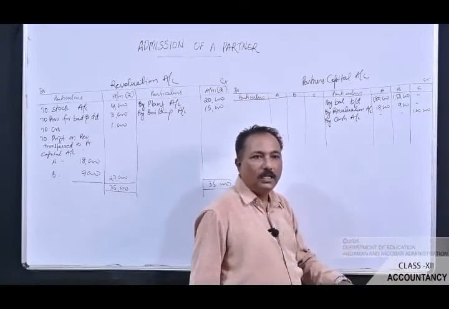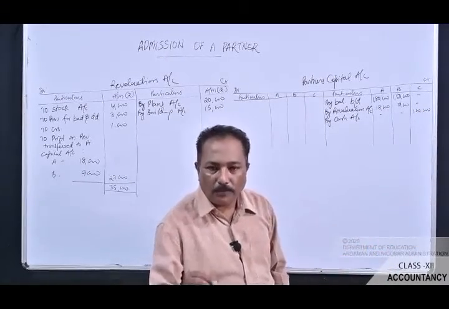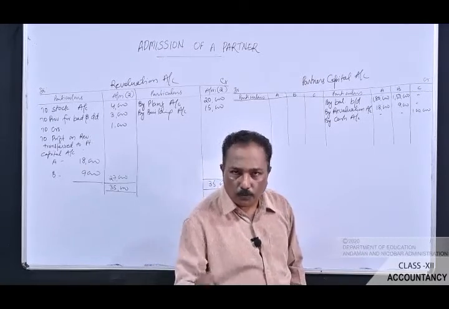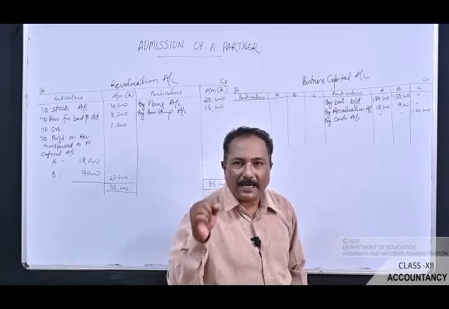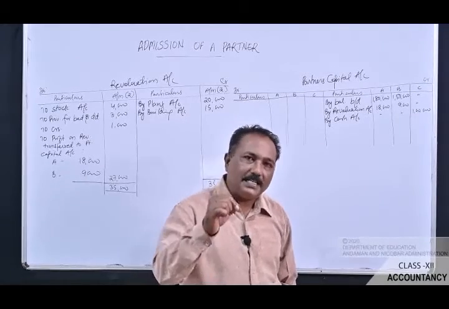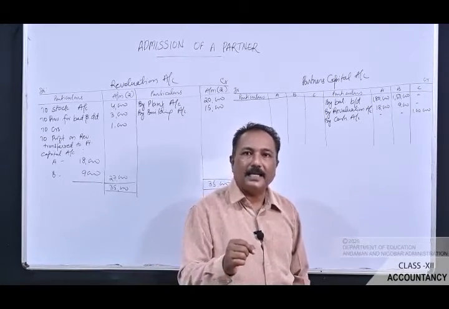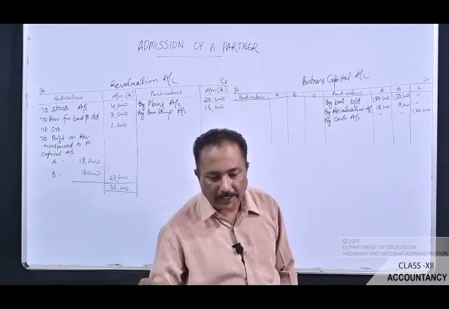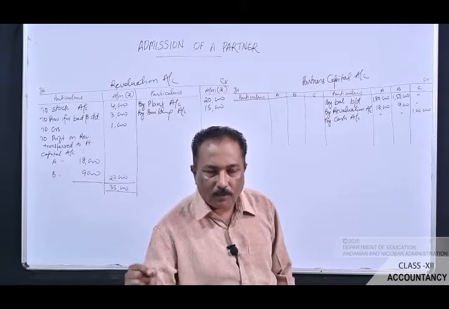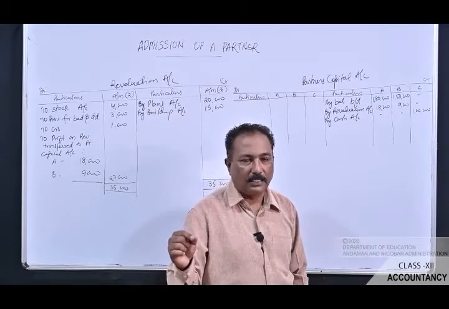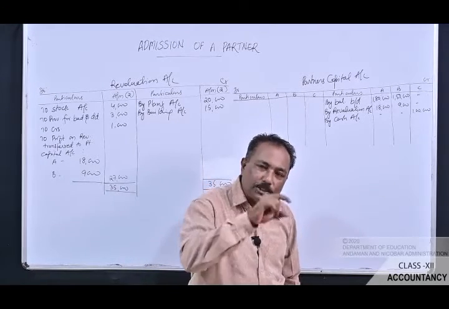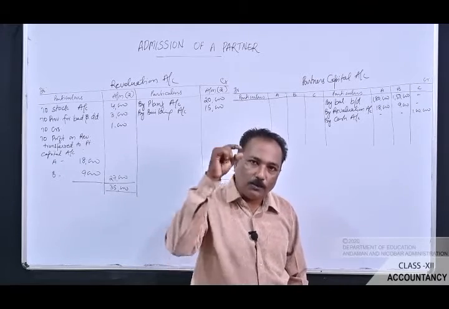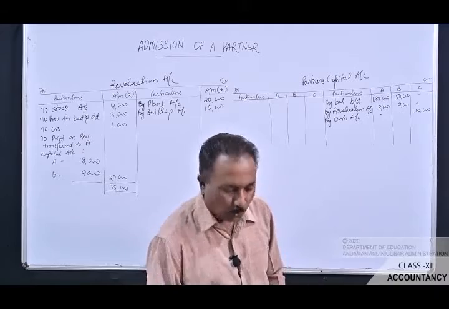Now we will record the amount for the distribution of premium for goodwill in the sacrificing partners' capital accounts. What general entry had we passed earlier? The general entry was premium for goodwill account debit to A's capital account, to B's capital account. This general entry was for the distribution of the amount of premium which was brought in by the new partner as his share of goodwill.